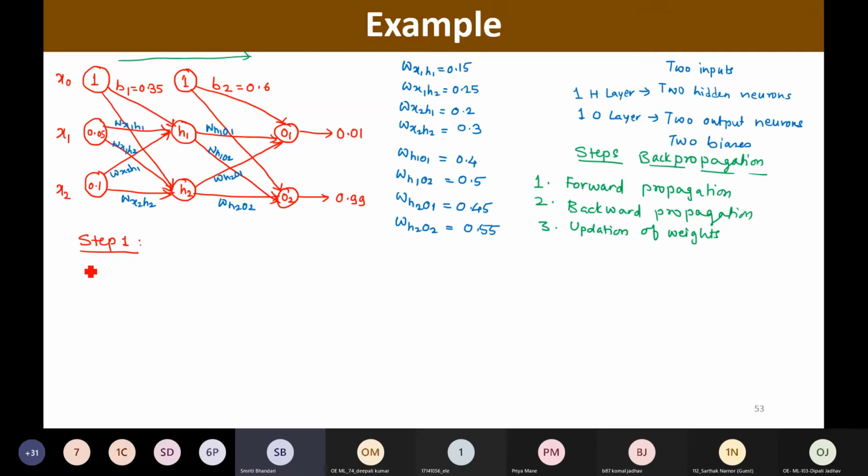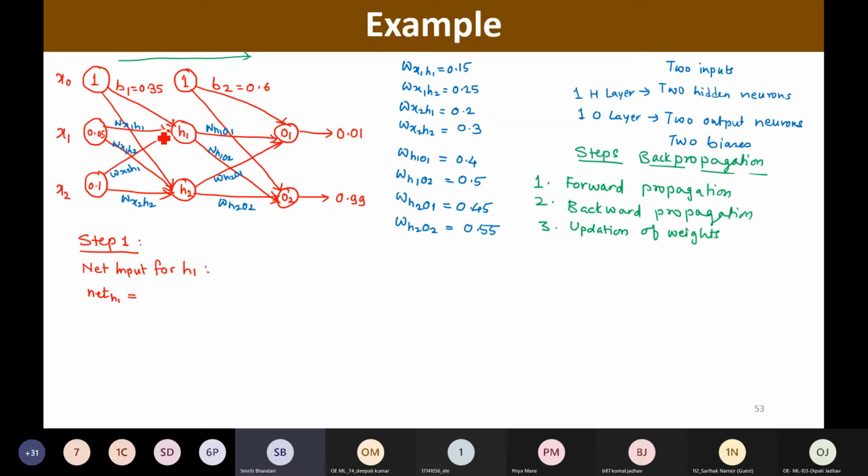So we are going to compute the net input for neuron H1. So how I am going to find it out? Net input for neuron H1. So I'll be computing it as net H1 is equal to, I have explained it earlier how I am going to compute this input for this neuron H1.